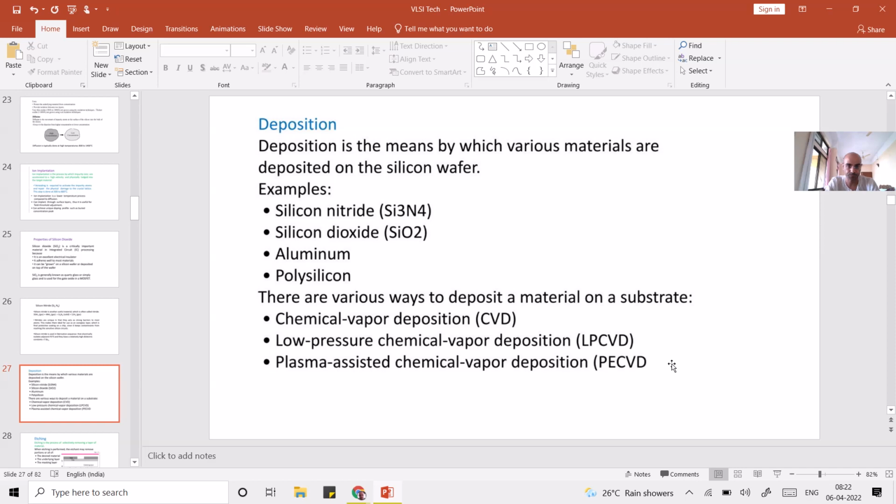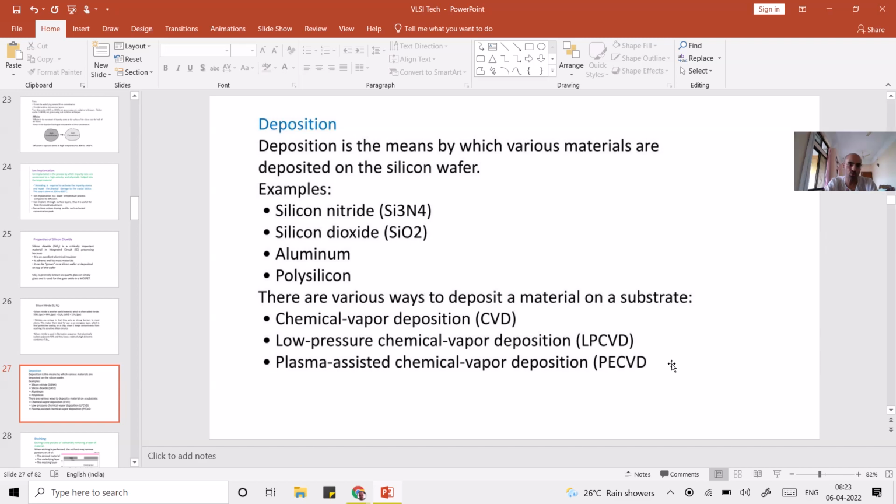Then another method is the plasma assisted chemical vapor deposition, PECVD. In PECVD, rather than using the complete ambient at a high temperature, in the same ambience we create a temperature difference. Plasma is like a material in which you have localized high temperature.